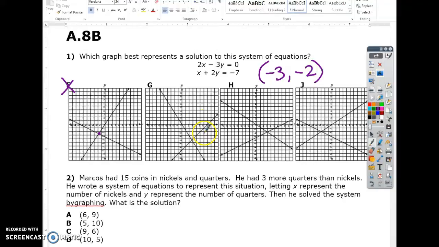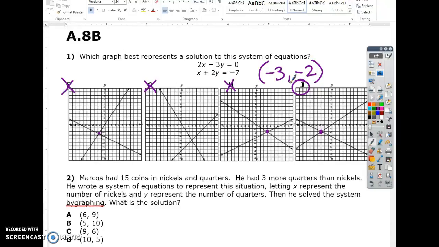This one is on the positive side, that's out. This is also on the positive side, that's +3, -2, that's out. And this one is on the negative side, -3, down -2. The answer is J.